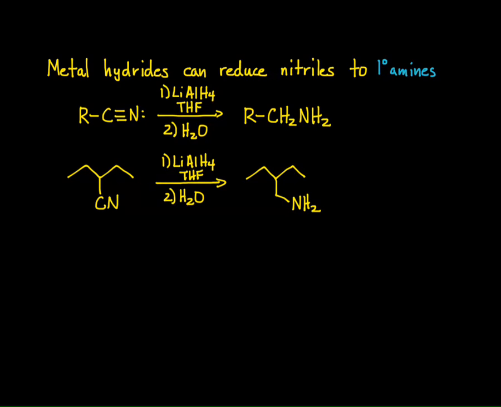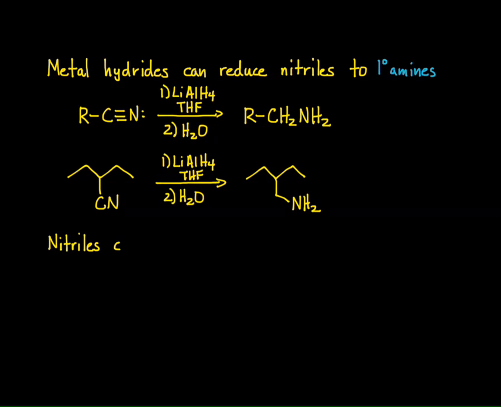Notice that CN becomes CH2NH2. One common mistake students make is forgetting that carbon there, and they'll just put an NH2 group on there. That's not the case. The carbon gets reduced, and the nitrogen gets reduced as well.